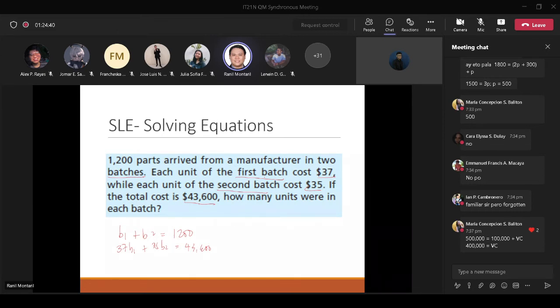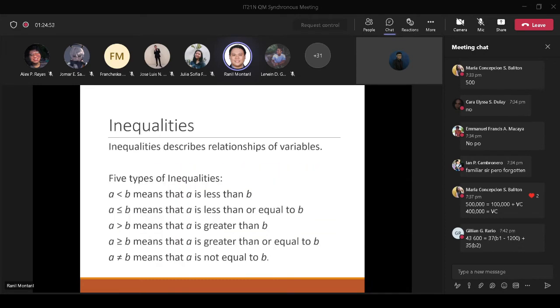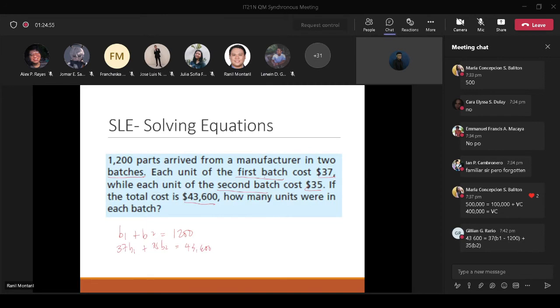Now, some of you have forgotten elimination. So let's solve it by substitution and then by elimination, so we have a reference. Is that okay? Which do you want to find first, B1 or B2?